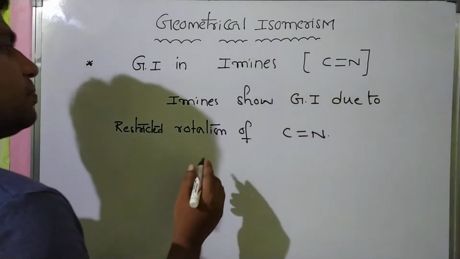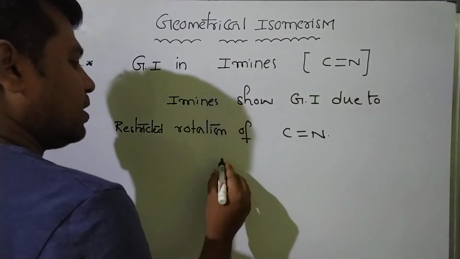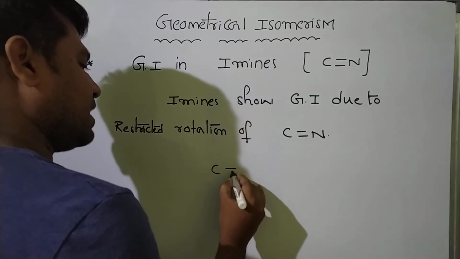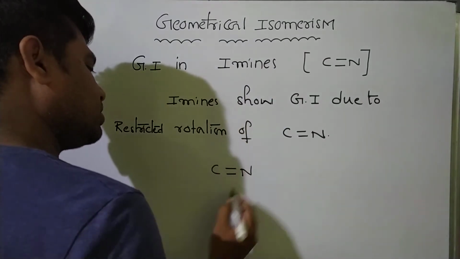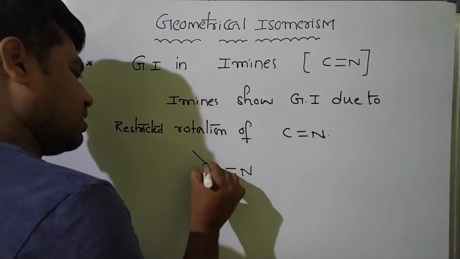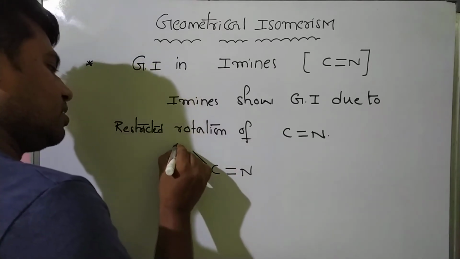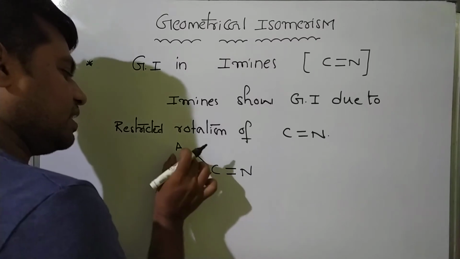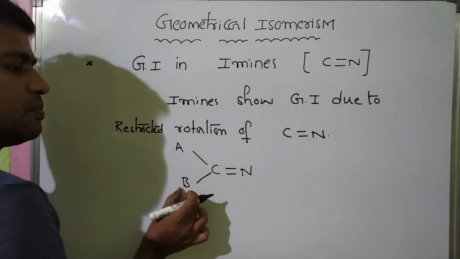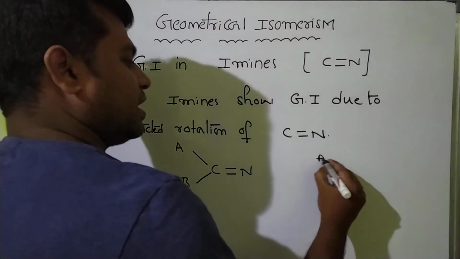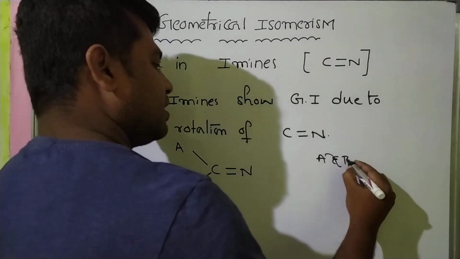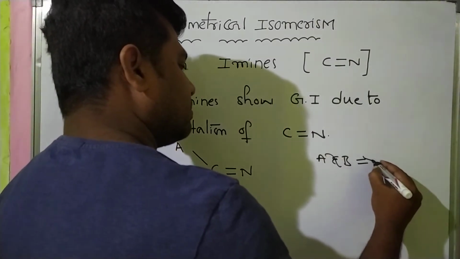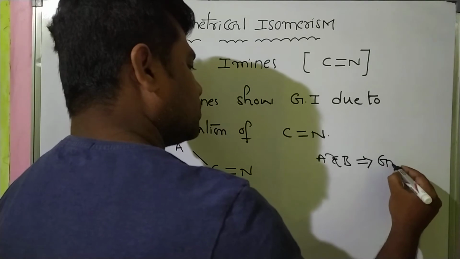First of all, the basic structure for imines is like this. This is A, this is B. Here A, B are nothing but groups.